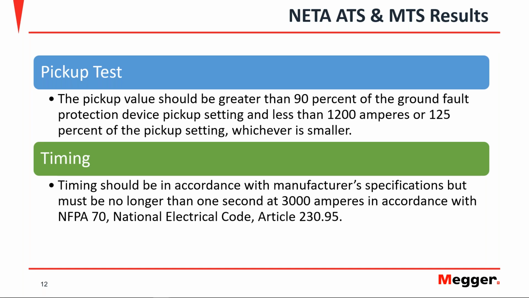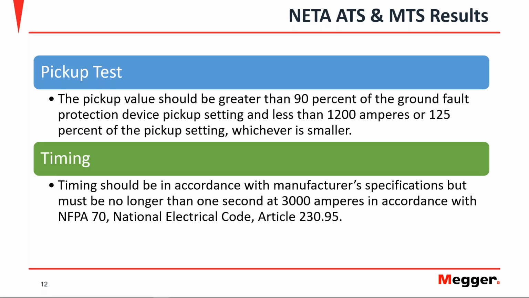If we read carefully, we'll know that for those breakers that have a higher current rating, no matter if I go above a certain threshold, I still will look at the pickup value to be a maximum of 1200 amps. This is really important to keep in mind. I'll explain why in a couple of slides.